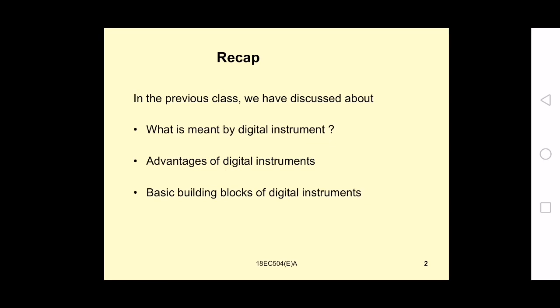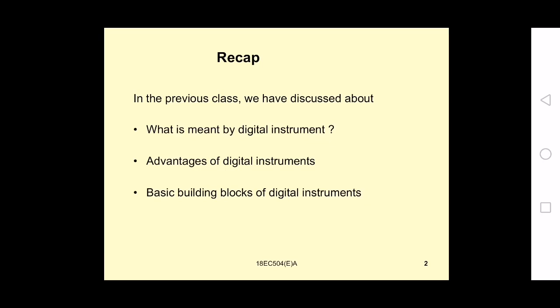We have already discussed the advantages of digital instruments over analog instruments and the basic building blocks of digital instruments. Mainly, the human reading error is reduced, it is easy for humans to read, and it reduces interpolation and parallax errors.